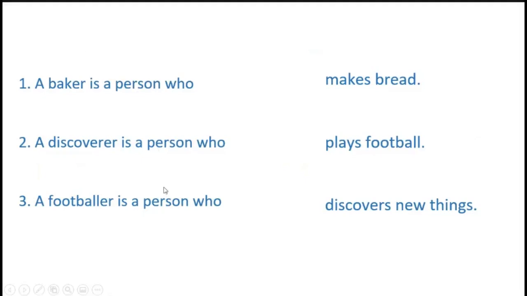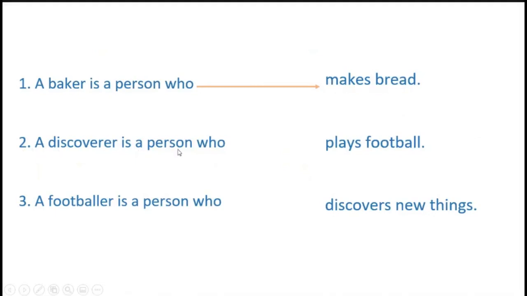There are three sentences. We need to combine these sentences with these sentences. A baker is a person who makes bread, plays football, discovers new things. Yes, that is the right answer. A baker is a person who makes bread. Second sentence.